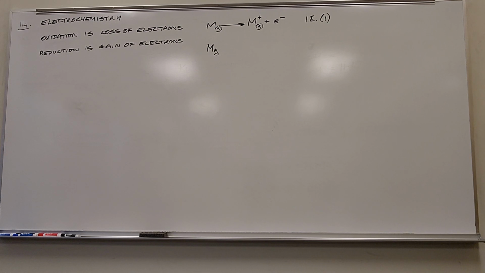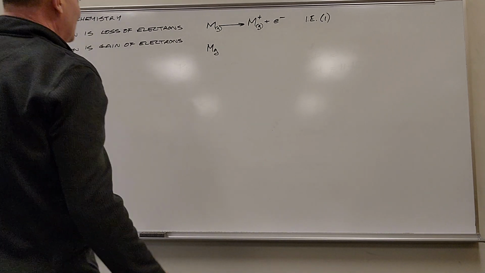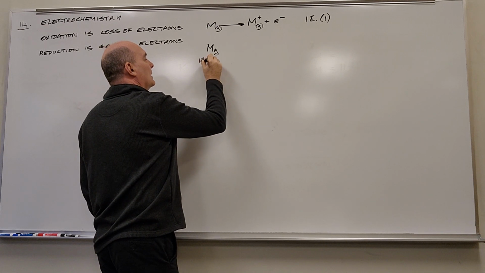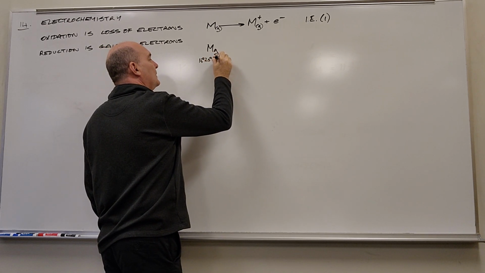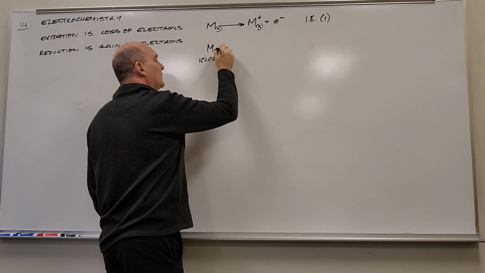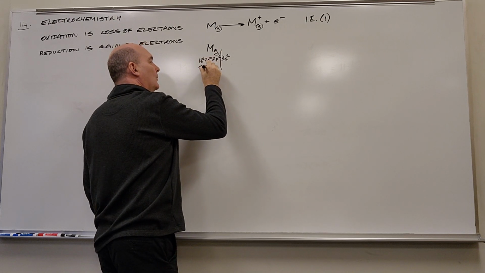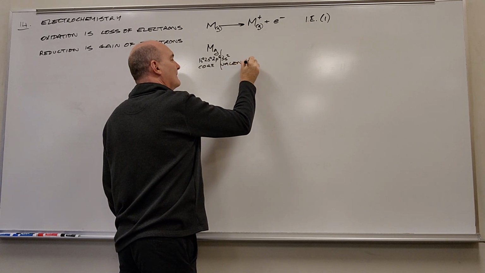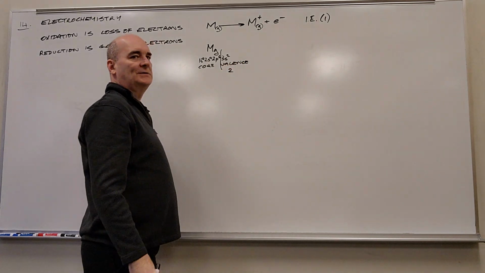Turning something that has a valency of 2 into something that has a valency of 1 does you no good at all. This is my core. That's the valence. And it has a valency of 2.